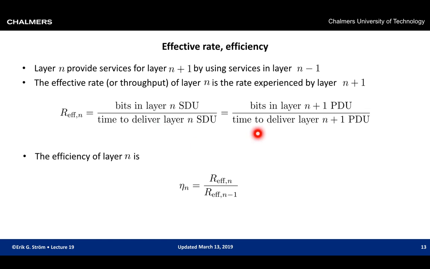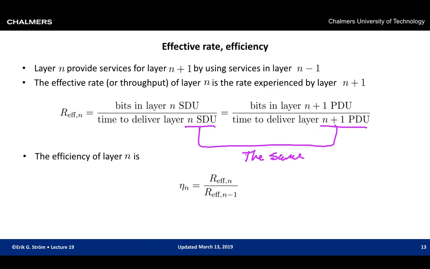One can also write this in terms of the protocol data unit, since the layer n service data unit is also the layer n+1 protocol data unit. It's the same thing, just two different names for the same thing.